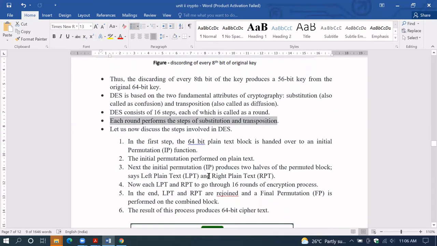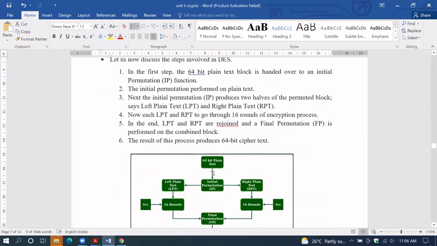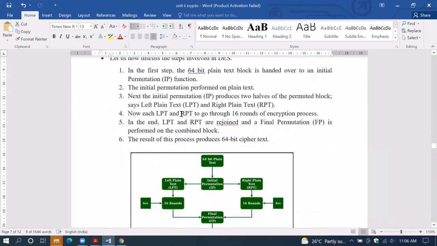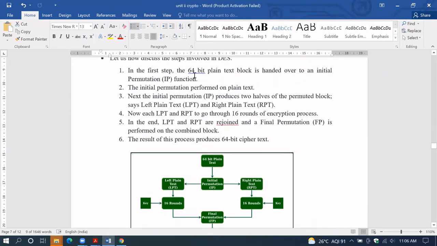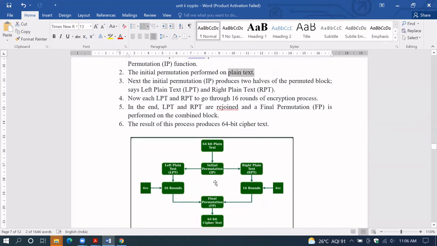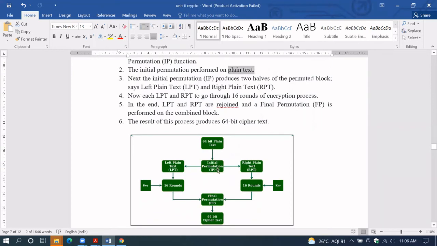So now let us discuss the steps involved in DES. Okay, what are the different steps? In the first step, the 64-bit plain text block is handed over to the initial permutation. That is the first step which you have to keep in mind, the initial permutation function. So the initial permutation function is performed on the plain text. Next, the initial permutation produces two halves.